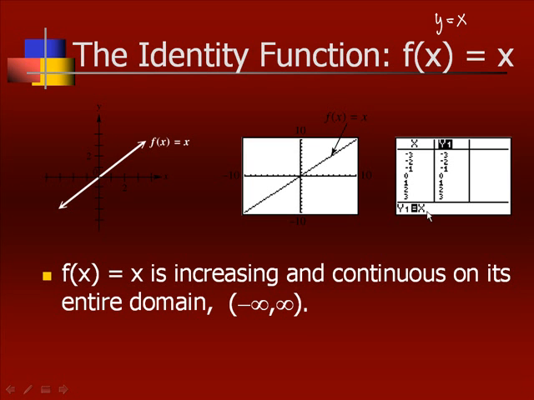If you plug it into your calculator and look at the table, whatever x is, that's what y is. If you graph it, it's going to be that line right up through the 45-degree angle. Now, f of x equals x is increasing on the entire domain, and it's also continuous on the entire domain. We never have to pick our pencil up to draw it.